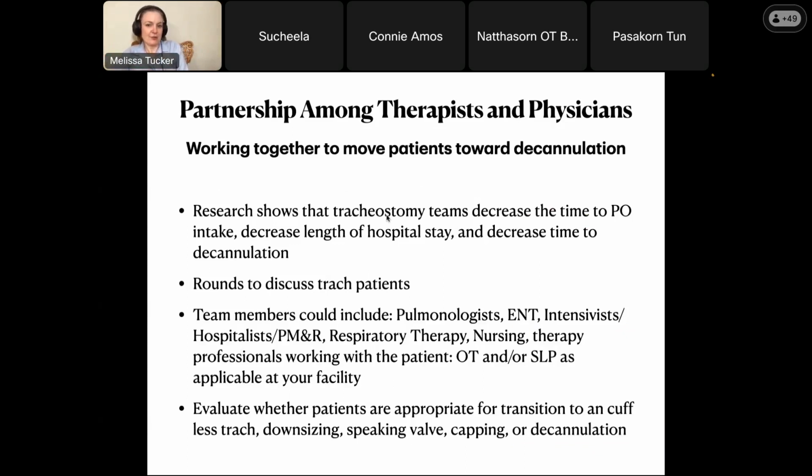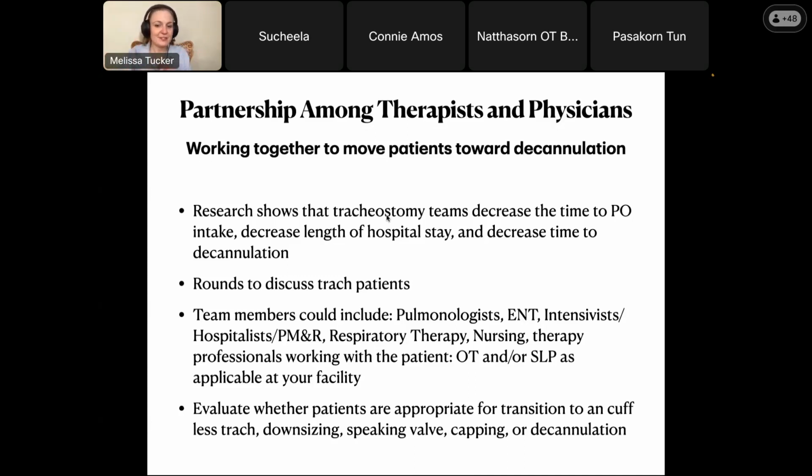That research showed that when a multidisciplinary group of physicians, respiratory therapists, nurses, and therapy professionals who are working with the patient meet and have rounds to talk about patients with tracheostomy, it decreases the time to when they're able to have a dysphagia evaluation and to take food and drink. It decreases the length of their hospital stay, and it decreases the time to that patient being decannulated. So if this is something you're able to do at your facility, I would really encourage trying it.